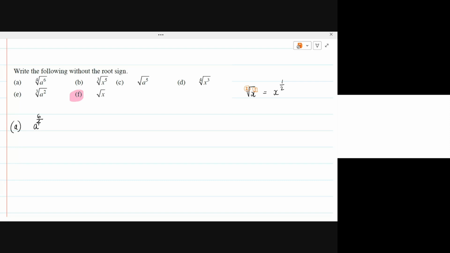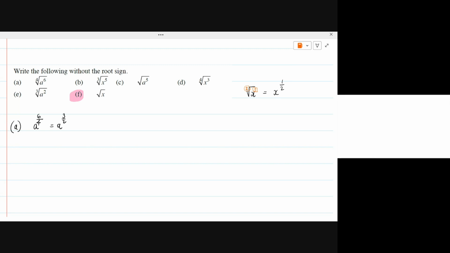I would rather not, because they actually wanted the 4th root, so we're going to leave it there. Actually, no, we should. a to the power of 3 over 2. We should always simplify fractions. No, Narisha, did it not work out that way? I'm sorry, I'm realizing I'm not being the best teacher at the moment. Yeah, it should be a to the power of 6 over 4.